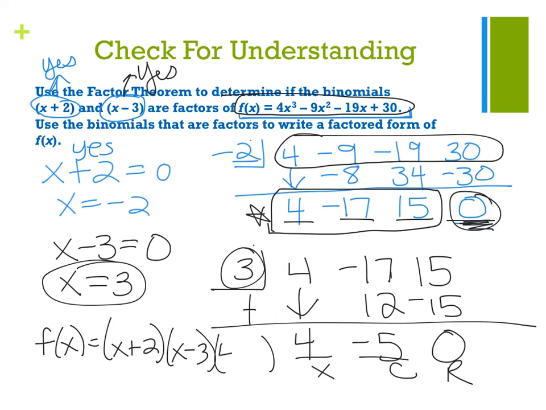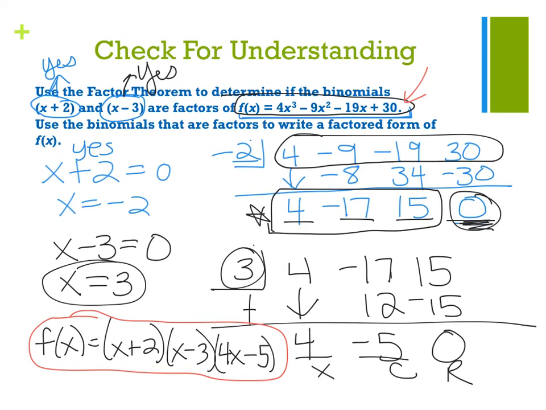So I would get a remaining factor of 4x minus 5. Now, if I multiplied these three factors together like I did in the previous example, I should get the polynomial at the top, f of x equals 4x cubed minus 9x squared minus 19x plus 30.